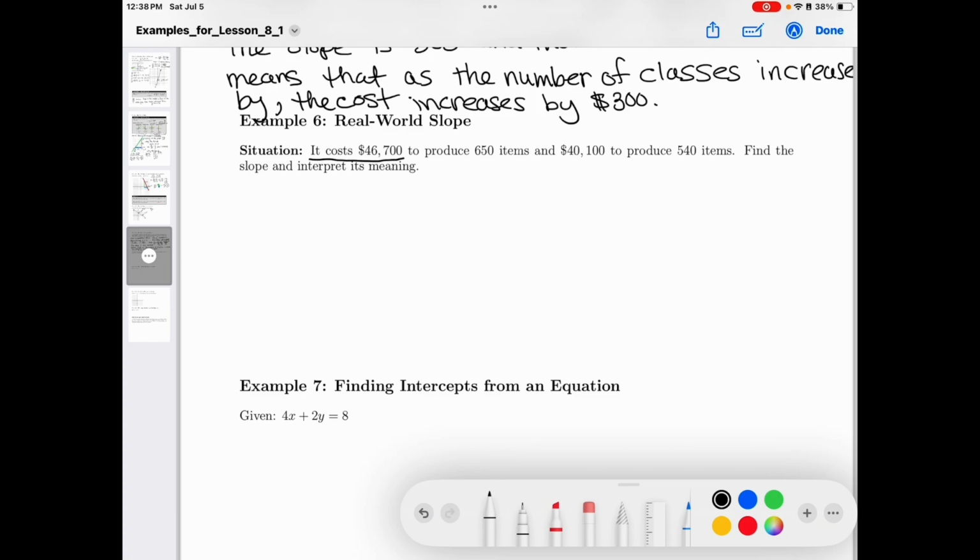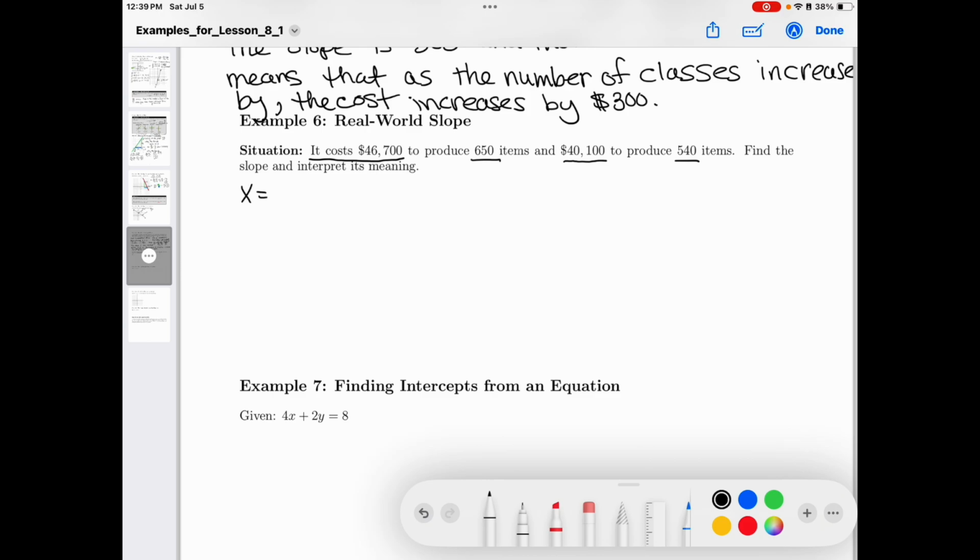It costs $46,700 to produce 650 items, and it costs $40,100 to produce 540 items. We're going to find the slope and interpret its meaning. So the cost depends on the production of items. How many items was produced? That's what's going to change the cost.